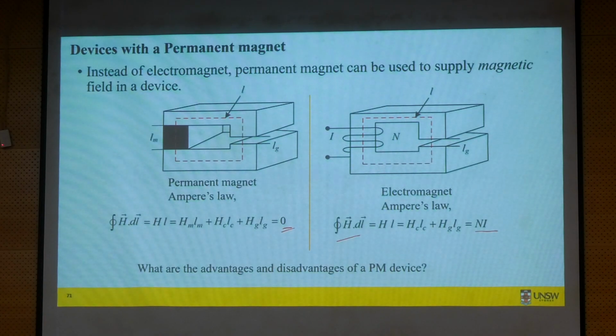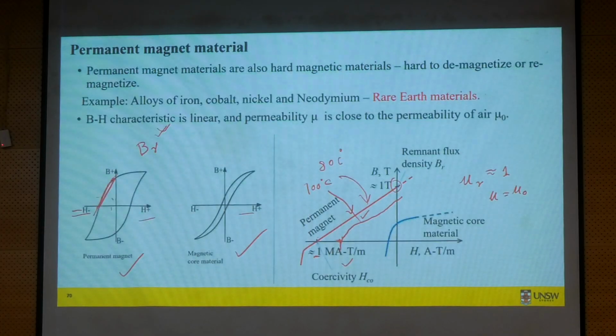Okay, you could have the core material Hc. You will have the air gap Hg, the field intensity at the air gap, and you have this HmLm, the field intensity of the magnet. So this Hm is not this, okay? This is Hc, the coercivity, or HCO.